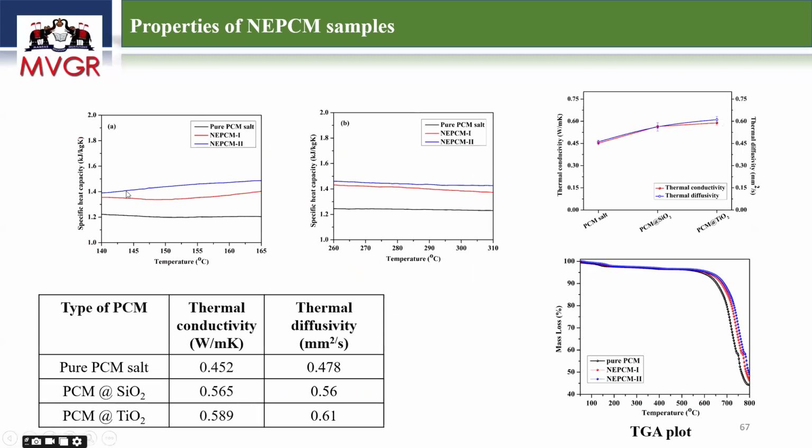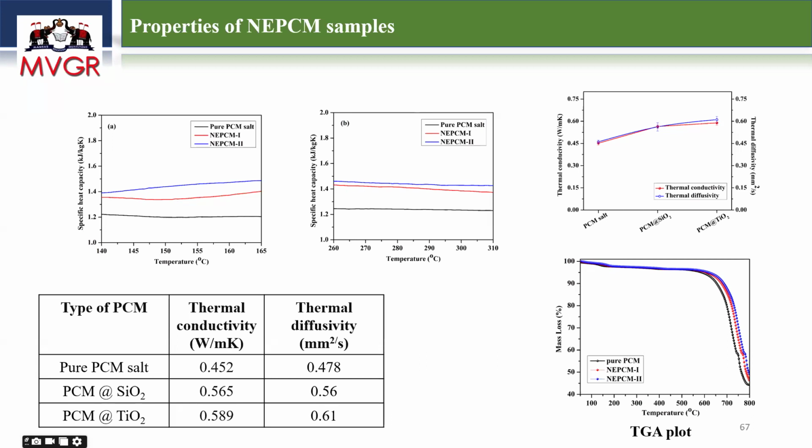And specific heat capacity. This is also a very important property. Whenever you are supplying heat, it is not only stored in the latent heat form. If you take the salt material, our material has 220 degrees centigrade as the melting point temperature. Up to reaching 220 degrees centigrade, the material has to store some heat. At that state, the PCM is not changing its phase.